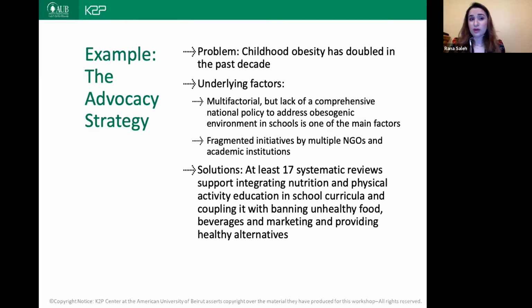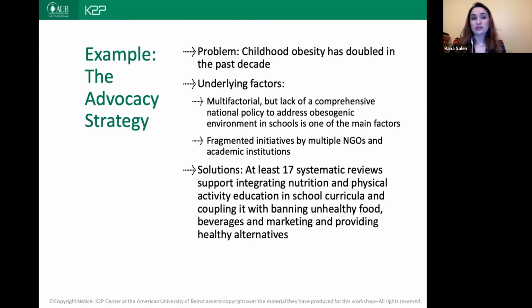This is one of the factors that can lead to childhood obesity. And we also have multiple fragmented initiatives by NGOs and academic institutions who work on the obesogenic environment in schools. Once we decided to narrow the scope to schools, it was time to find the solutions for the problem of childhood obesity at schools.